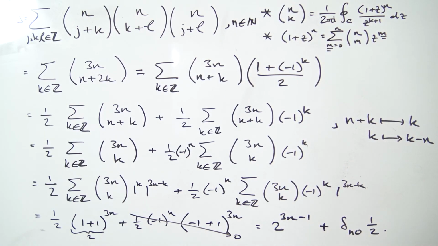Because on this line, if n is equal to 0, then this whole sum would evaluate to 1, and n is 0, so we ignore this. So we would get an extra 1/2 times 1, which is the half. But assuming n is a natural number, we don't need this Kronecker delta stuff, and we can just take 2 to the 3n minus 1 as our answer.